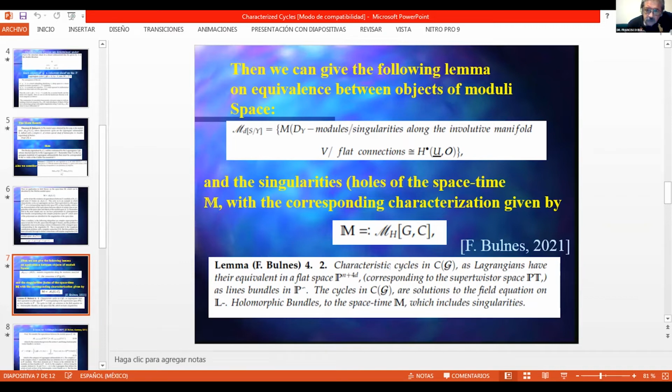The characteristic cycles in this space as Lagrangian have their equivalent in the flat space, given by the super twistor space as line bundles in P.